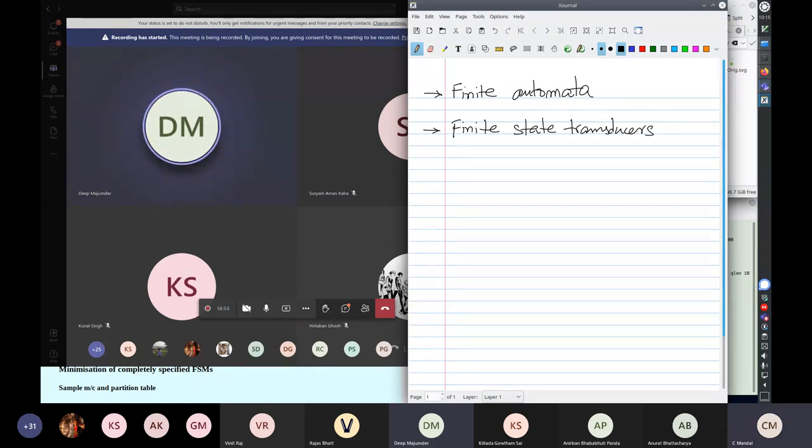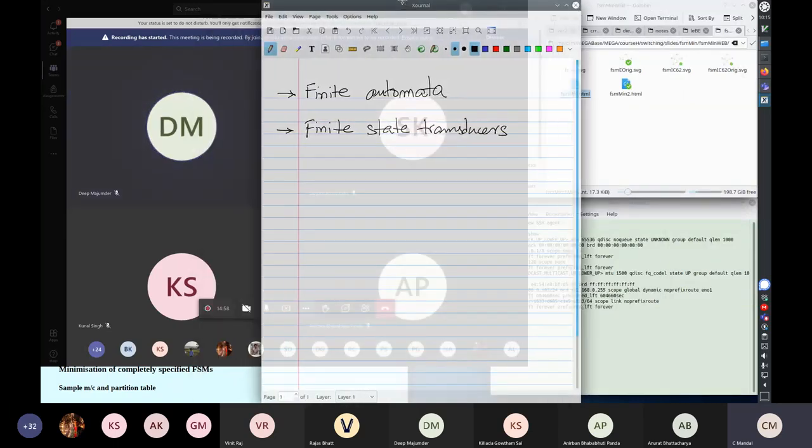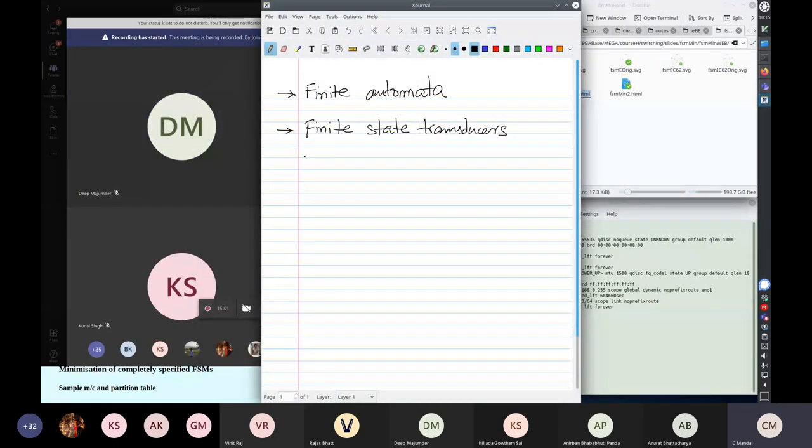If you just draw a diagram, let us see. Your finite automaton looks something like this.